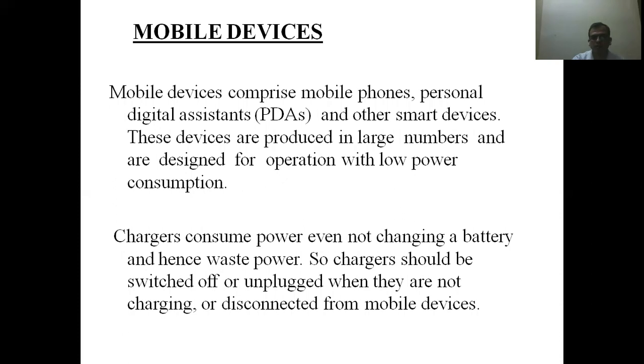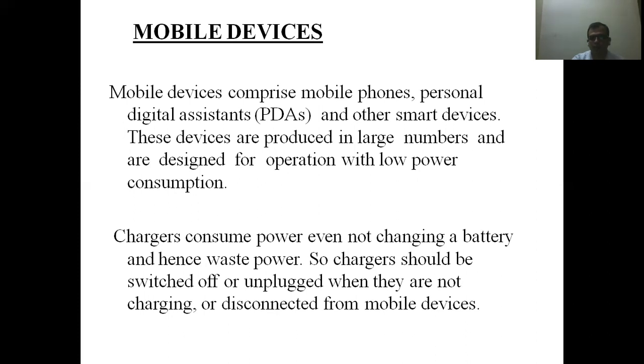Next, the mobile devices. Mobile devices comprise mobile phones, personal digital assistants, and other smart devices. These devices are produced in large numbers and are designed for operation with low power consumption. Mobile devices should be used minimally, because in today's world every person has mobiles and smart devices, so the consumption of mobile devices should be lessened. Chargers consume more power even when not charging a battery, and hence waste power.